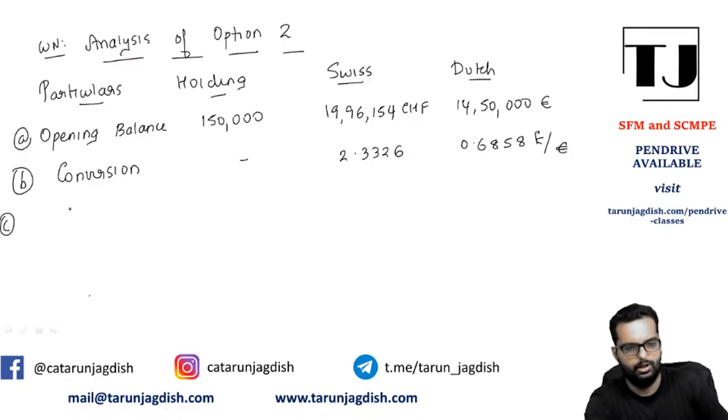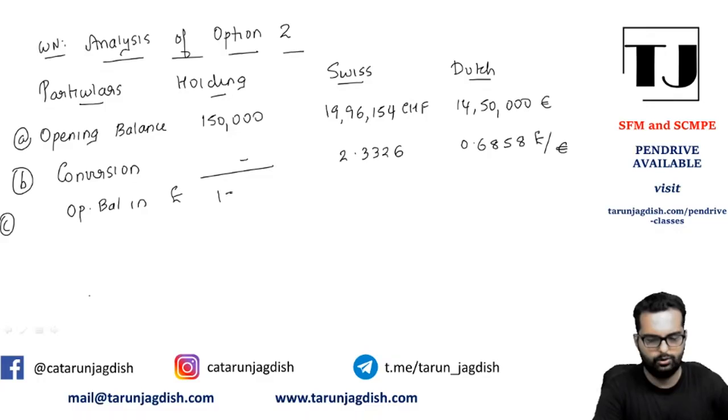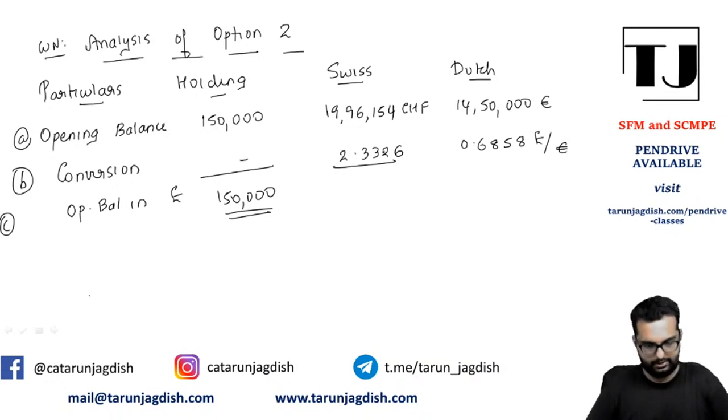Alright. So opening balance in sterling. This is what we are trying to do now. Over here it will turn out to be how much? It will be 1,50,000, and the second one would be 19,96,154 divided by 2.3326. That is 855,763, and the last one would turn out to be 14,50,000 into 0.6858.